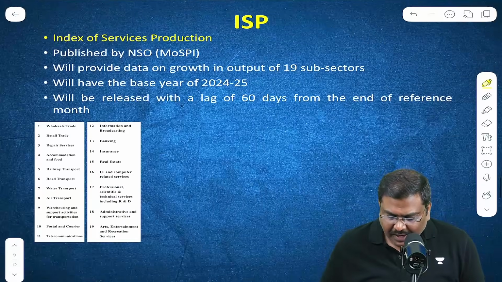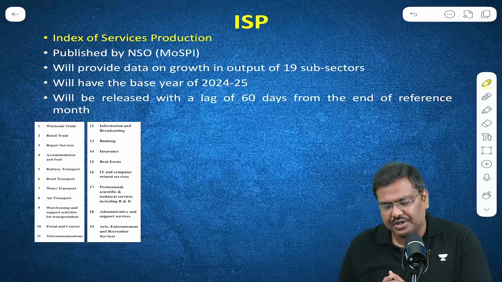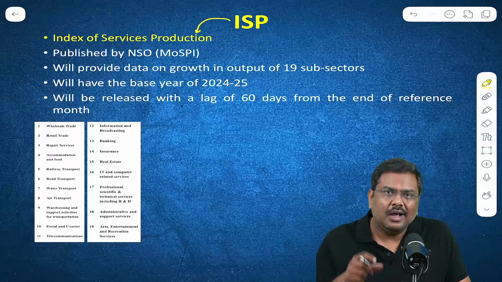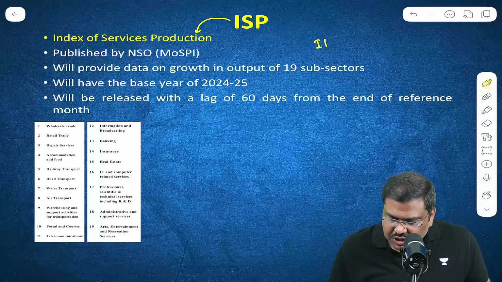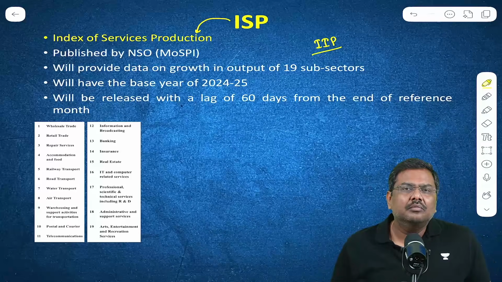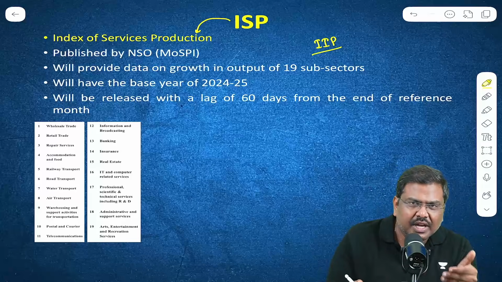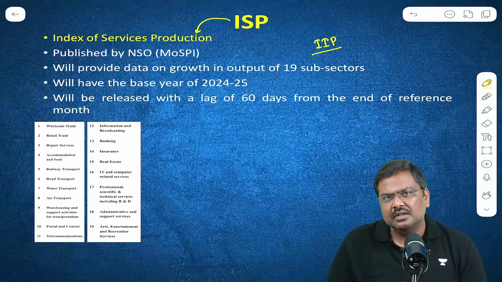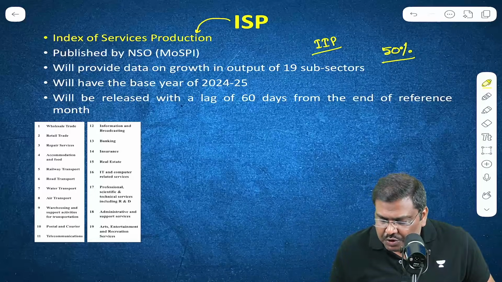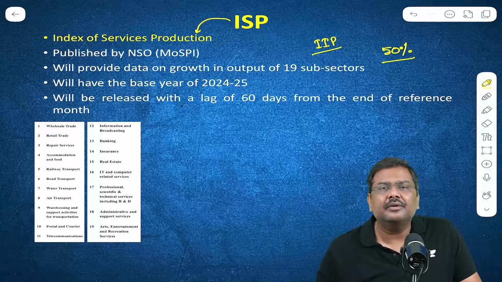Now, the last indicator, which is a new introduction, is the Index of Services Production. Until now, we measured the changes in industrial activity using IIP. But the problem was, on one side we are tracking the changes in the output of industries, whereas more than 50% of the contribution to the GDP and GVA comes from the services sector.